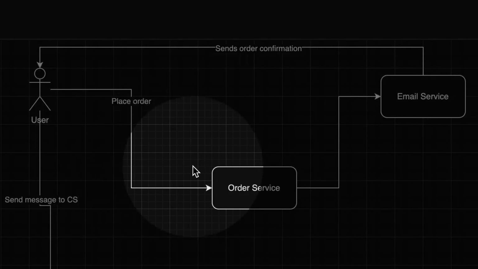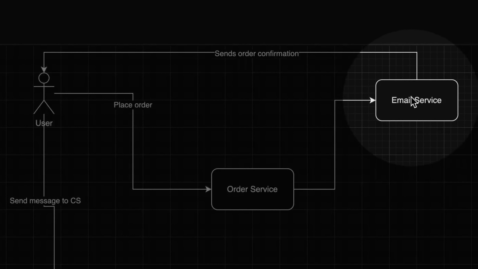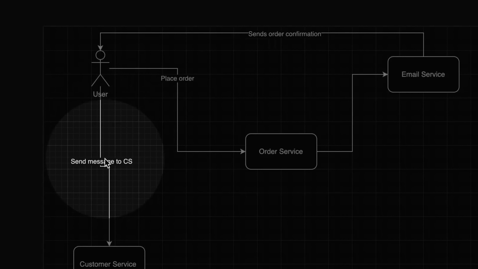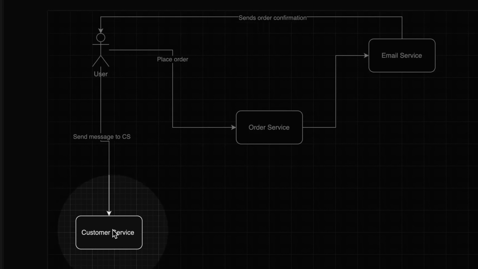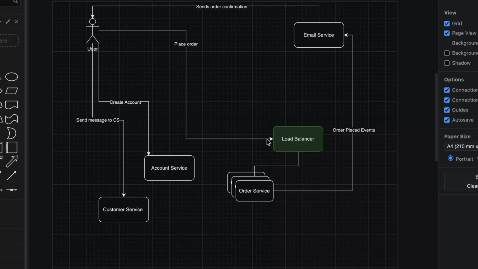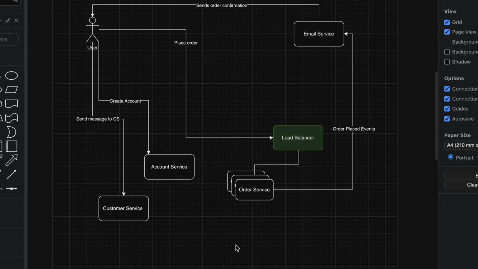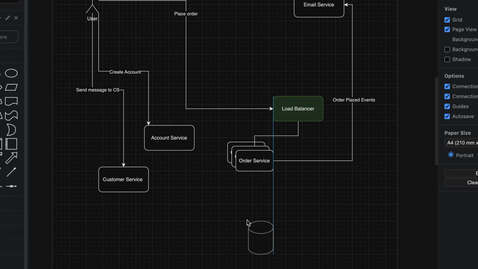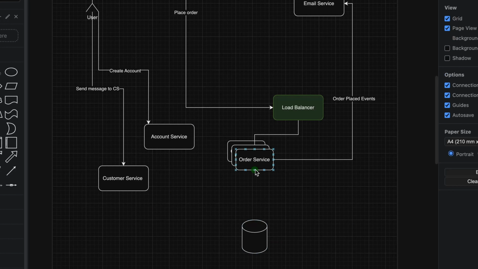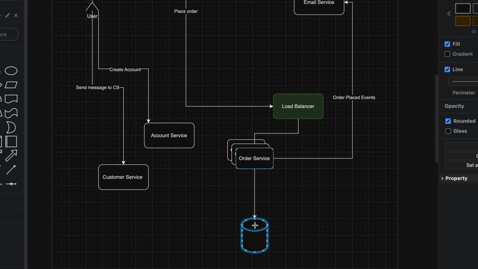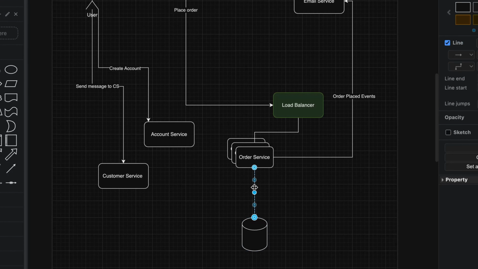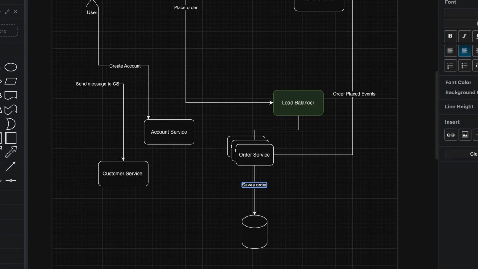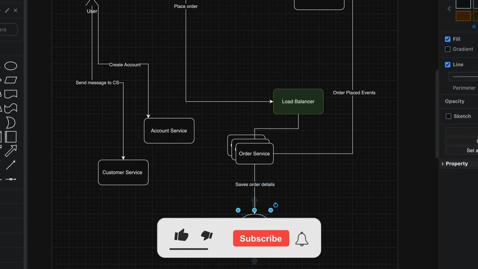The next action our customer can perform is placing an order and contacting customer service. In both cases, we need to store information about the order a customer has placed so that we can perform different operations with it, such as sending a confirmation email with order details, saving the order for auditing and accounting purposes, and giving the opportunity to customer service agents to read order details when dealing with customer queries.